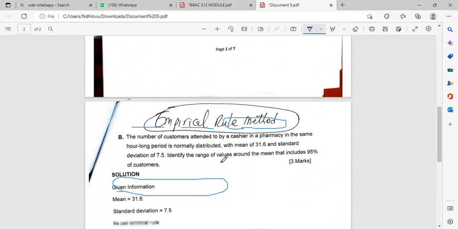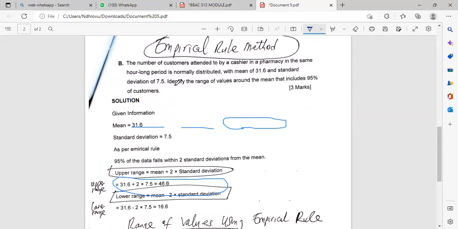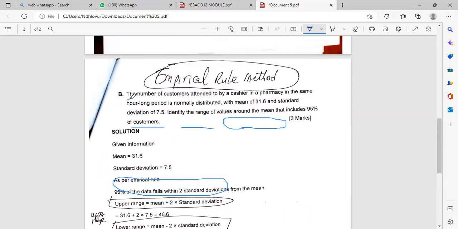It was question 1B, where they're saying the number of customers attended by a cashier in a pharmacy, in the same hour-long period, is normally distributed with a mean of 31.6 and a standard deviation of 7.5. Identify the range of values around the mean that includes 95% of customers.